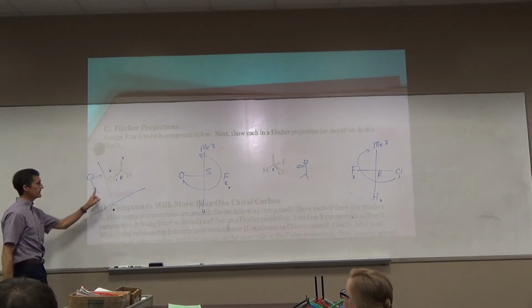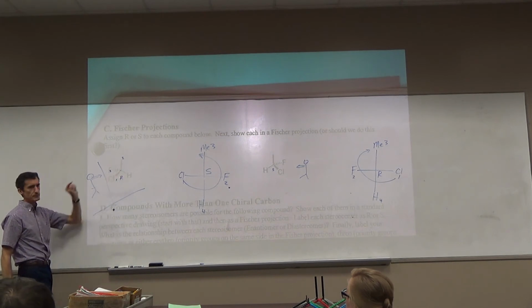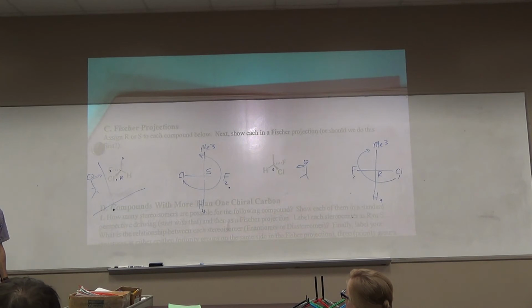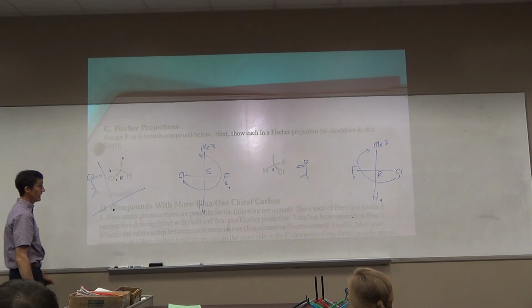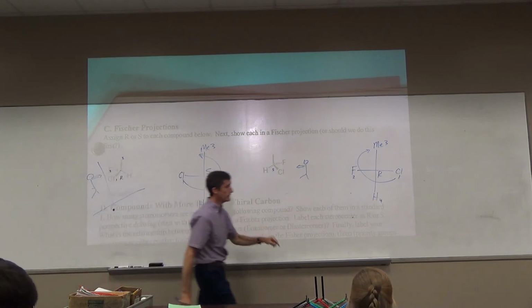I can see some clarification. How many total stereoisomers possible for said compound? 2. Yeah, they're on the board. One's R and one's S.